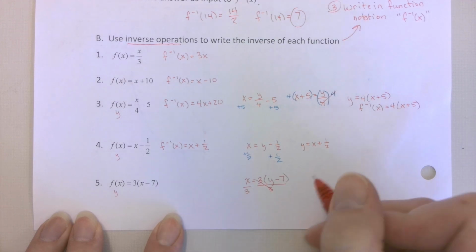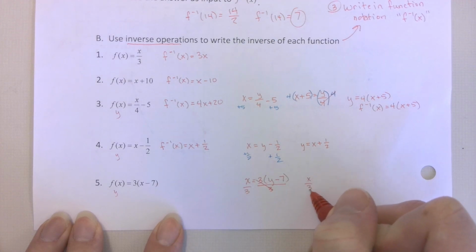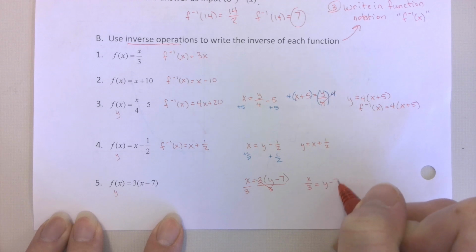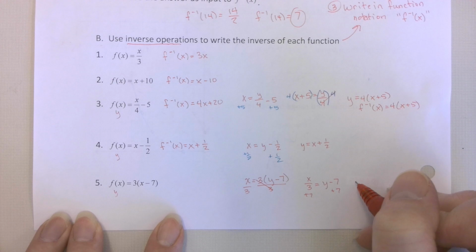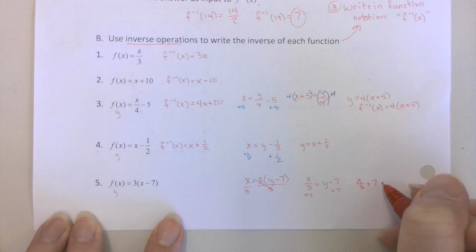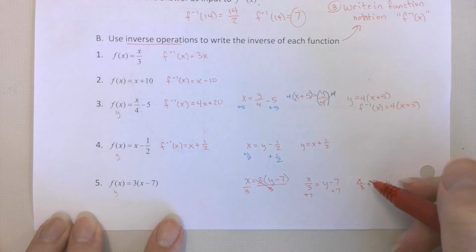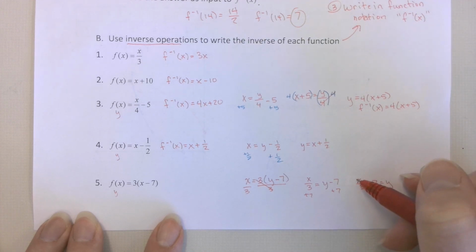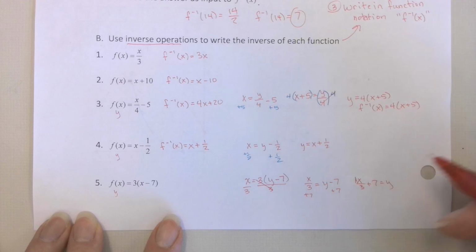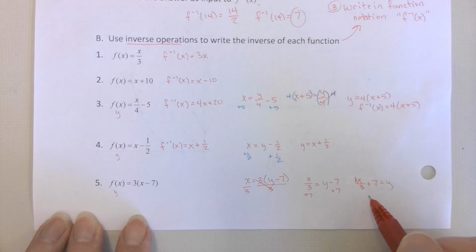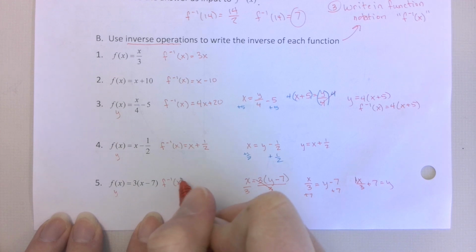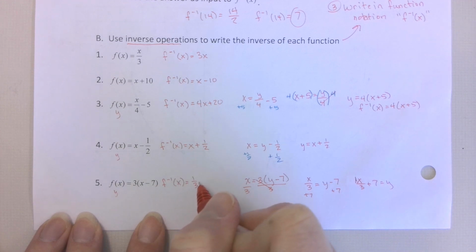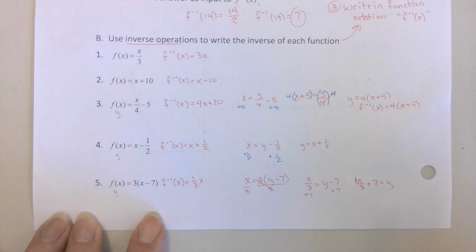So I'm dividing by 3, and I have x over 3 equals y minus 7, and then I would simply add the 7. That gives me x over 3 plus 7 is equal to y. And being x over 3, that is the same as 1x. We want to remember there's a 1 there, and dividing by 3 is the same as saying 1/3. So here is my inverse function: f to the negative 1 of x is equal to 1/3 x plus 7.